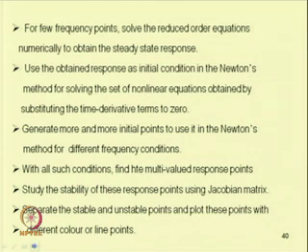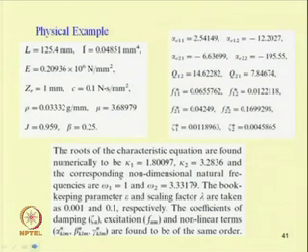With all such conditions, find the multi-valued response points. Then study the stability of these response points using the Jacobian matrix, separate the stable and unstable points and plot these points with different color or line types to show the system response.